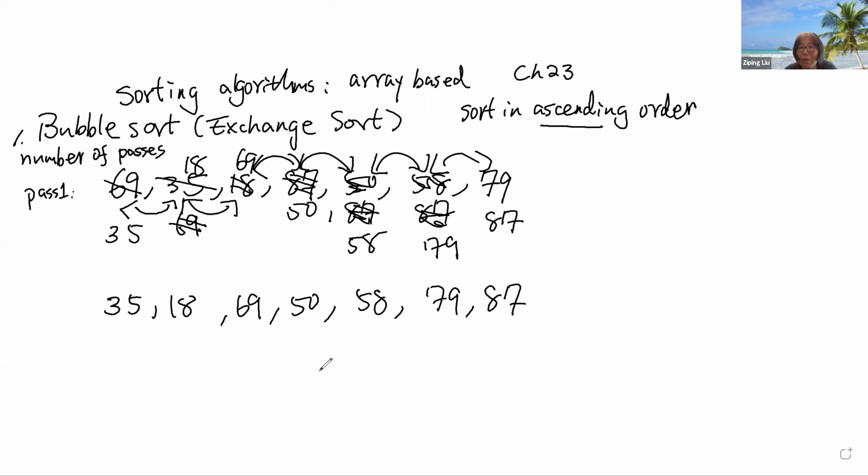This is after you finish the pair by pair comparison from the beginning all the way to the end. So does anyone find any specific pattern in this sequence of numbers after the first pass?